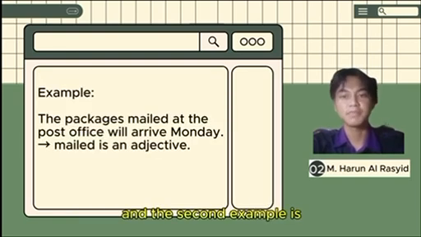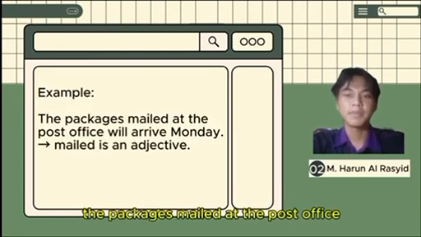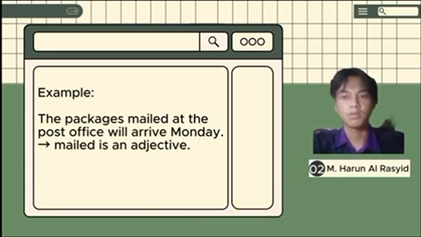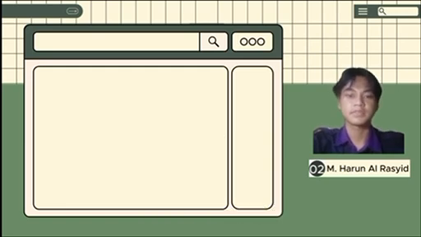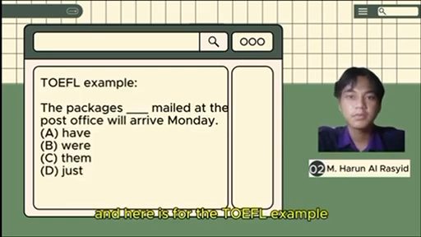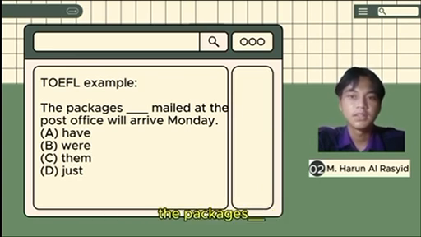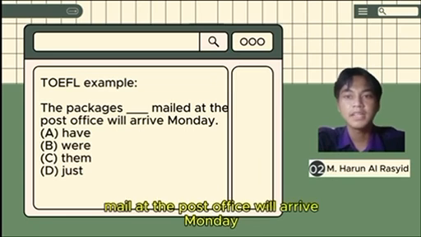The second example is, the packages mailed at the post office will arrive Monday. Mailed is an adjective. And here is the TOEFL example: the packages blah blah blah mailed at the post office will arrive Monday.